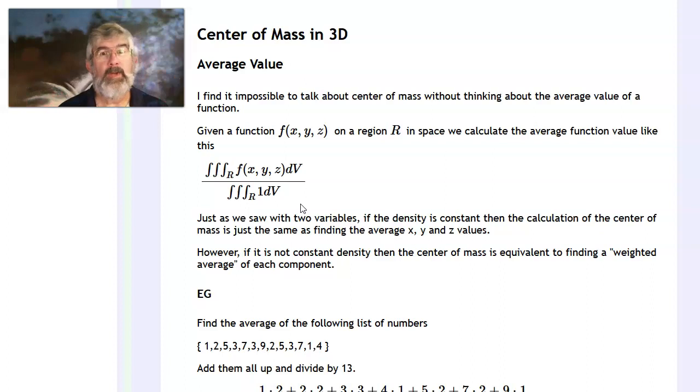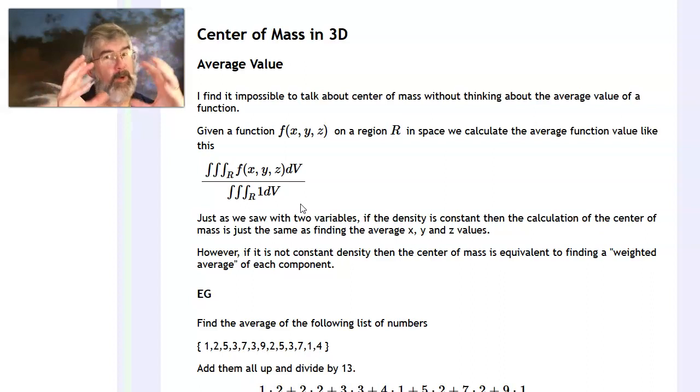When we moved to double integrals, we said take the double integral of the function over the region and then divide by the area of the region. Well, the area of the region is just the double integral of 1. Now we're looking in space, and I would say that the average value of a function is the triple integral of the function over whatever three-dimensional region you have, divided by the integral of 1 over that three-dimensional region.